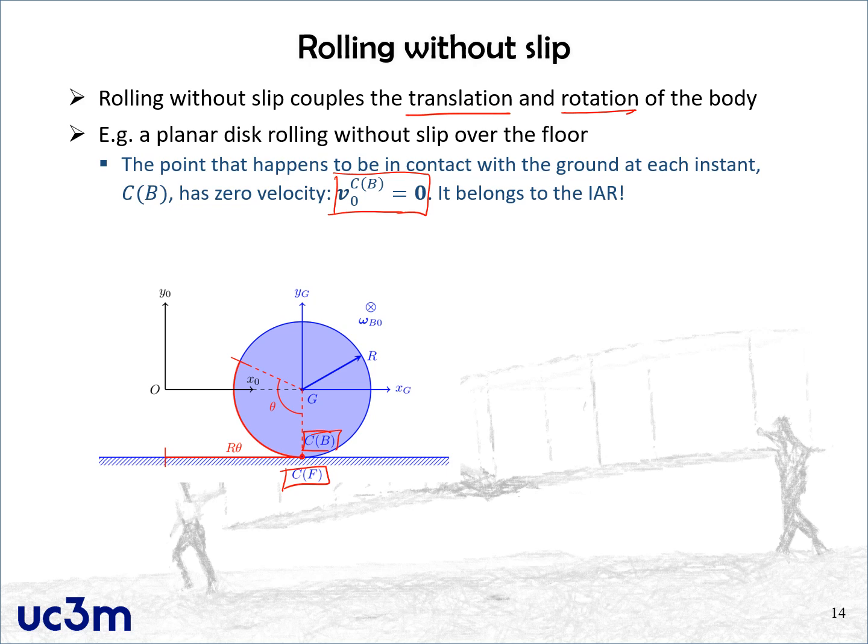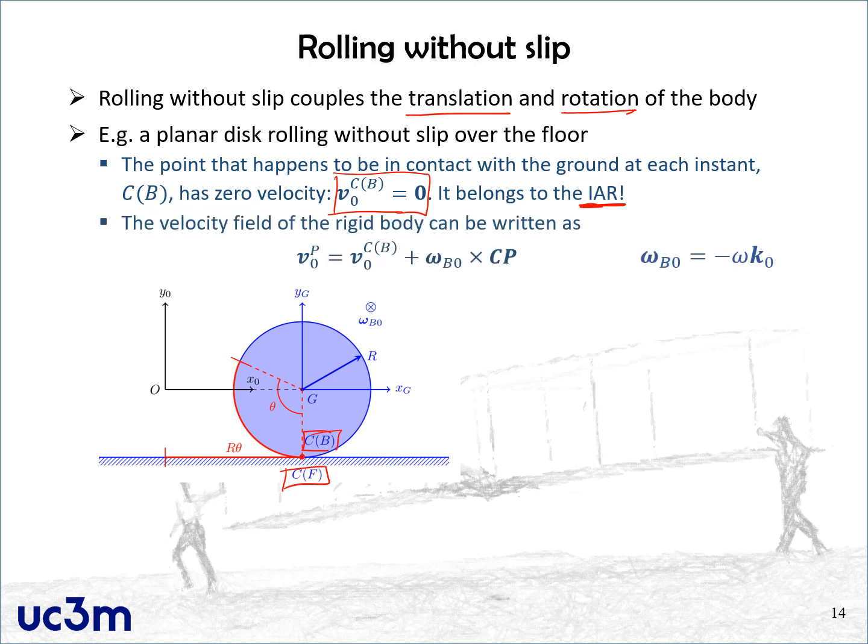Since it is a point of 0 velocity, it is a point of the instantaneous axis of rotation. In fact, if we look at the equation of the velocity field of the rigid body, using the point C as our reference, we know that since it is 0, we can express the velocity of any point as this rotational term.